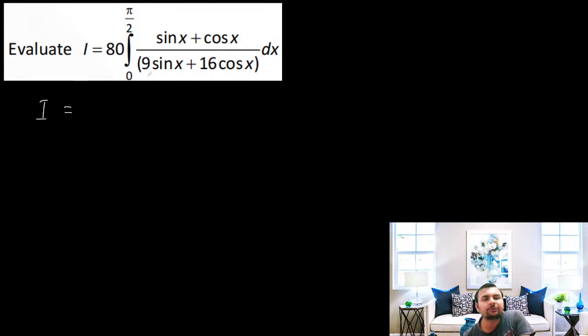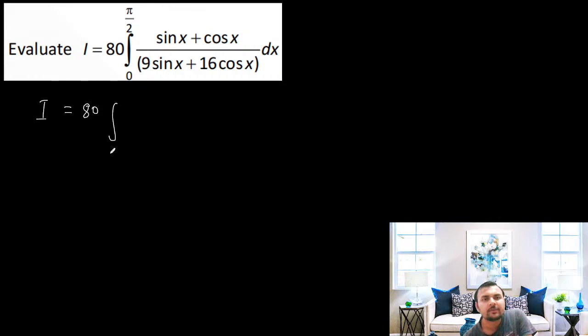Or 9 square, 81, plus 256. So we will have to think about it. Let's try it, okay?